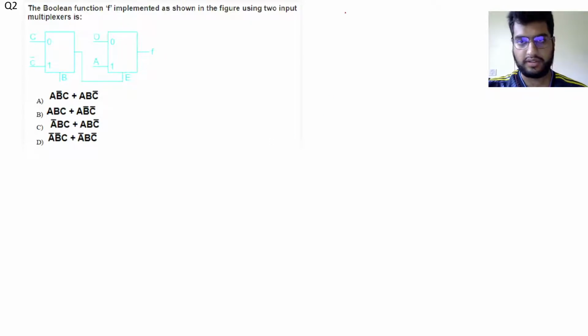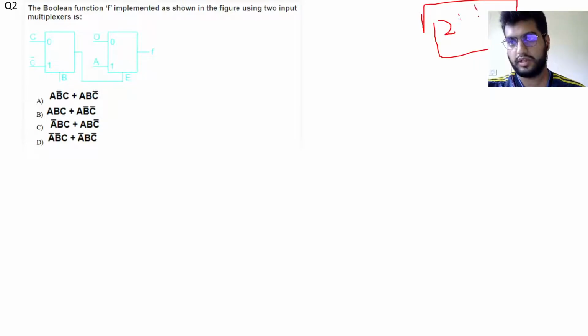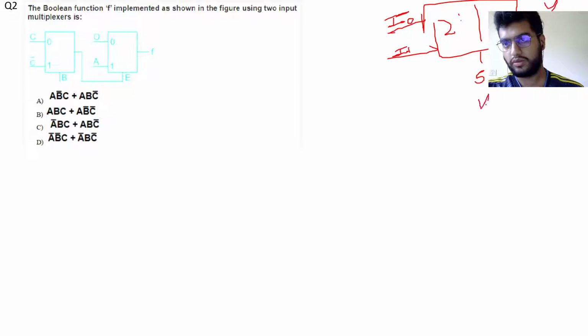For a 2-to-1 multiplexer, we have two input lines I0 and I1, and a select line S. The output is y = S bar I0 + S I1.